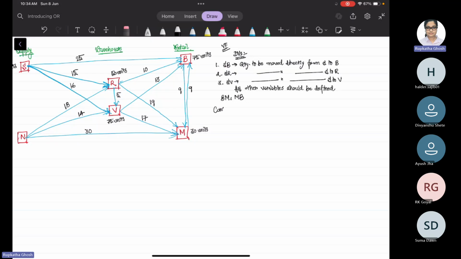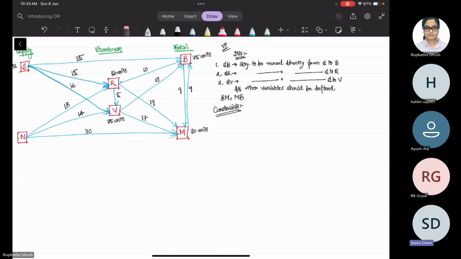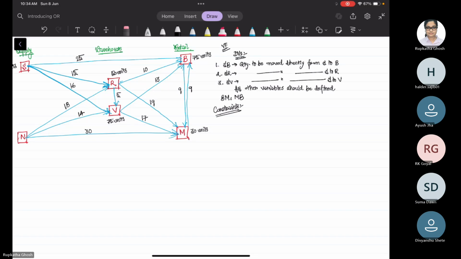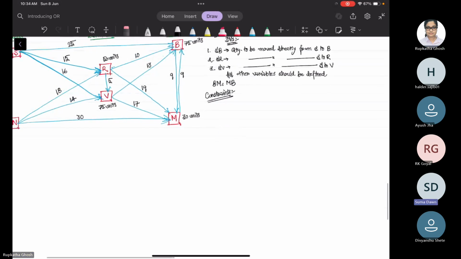So what are the constraints? Anyone can tell me what are the constraints? The storage capacity constraint and demand. The storage.